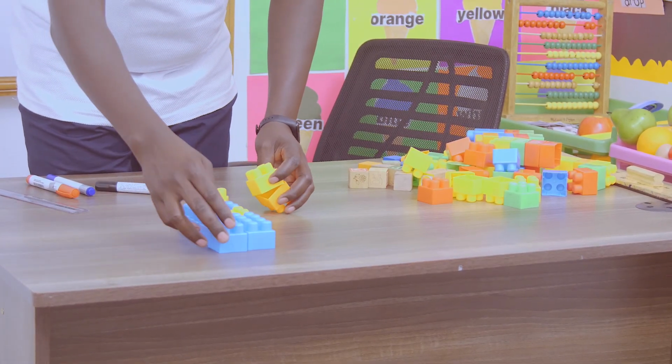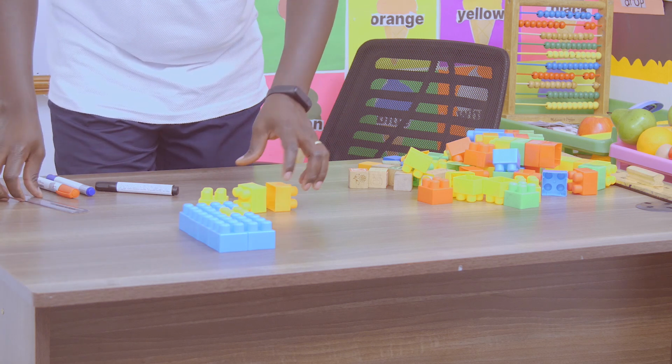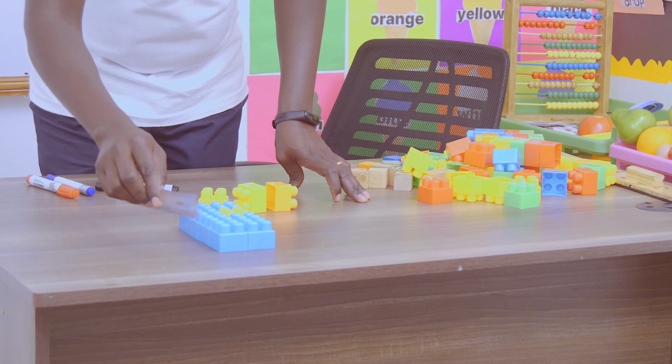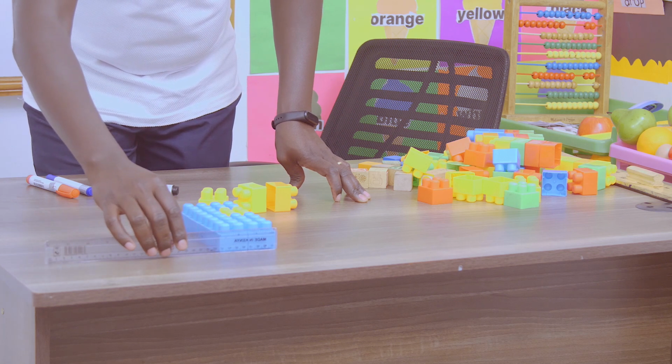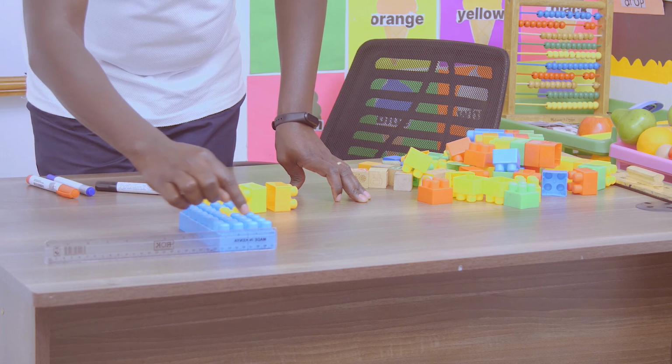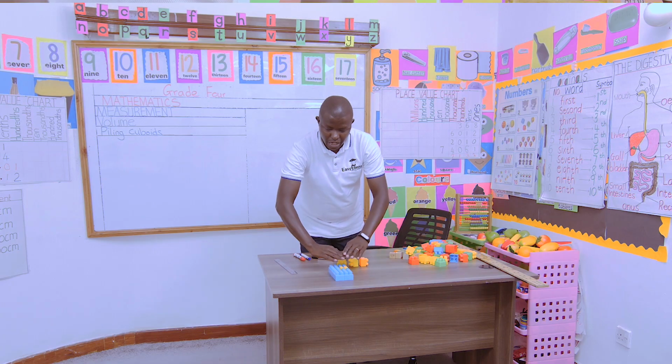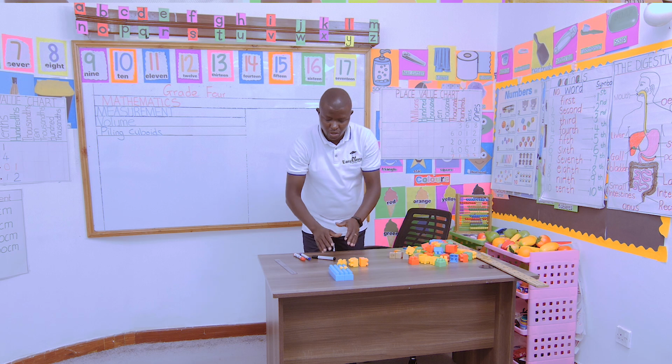Before we pile that layer, remember that in a cuboid, one side is shorter than the other. So after arranging our cubes, we have a shorter side and a longer side. This is a rectangular arrangement, so these are cuboids.